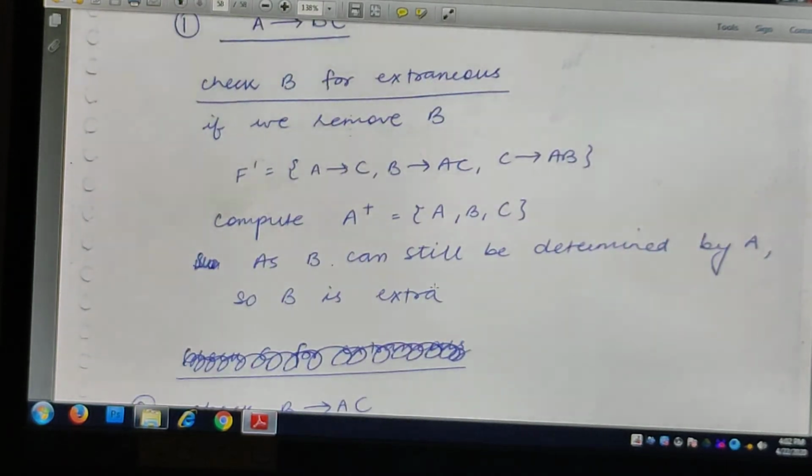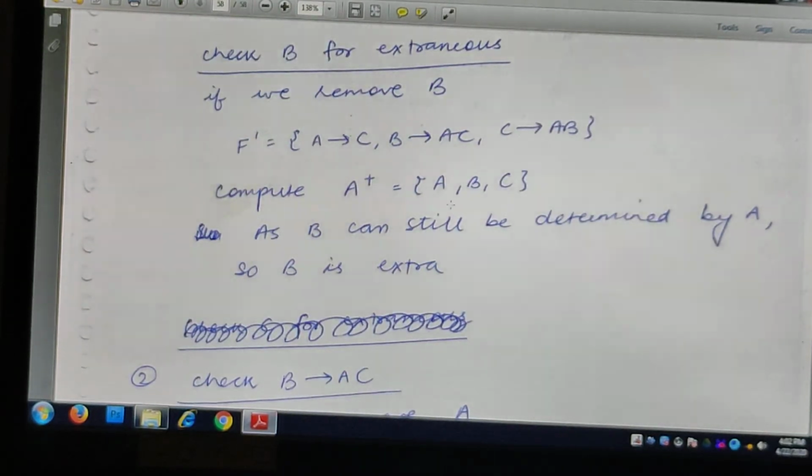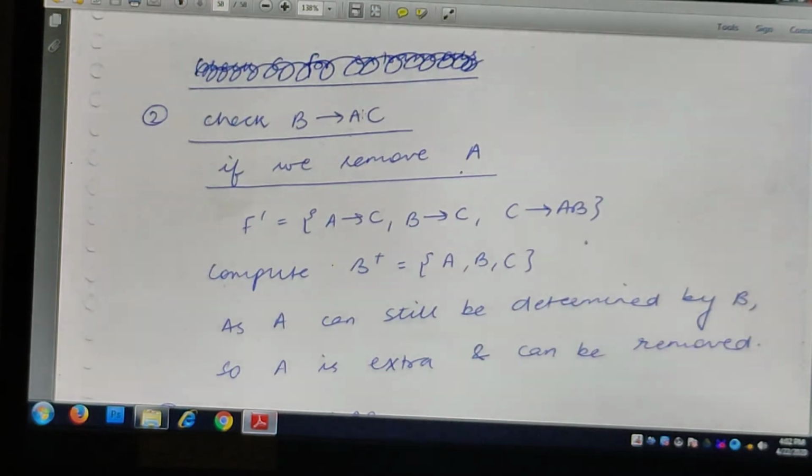Now let's check B to AC. Using this I can say the closure of B will be B, A and C. If I remove A from there, can I still have A in the closure of B? I have to check.